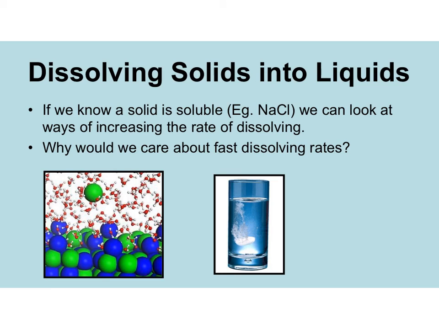And finally, we're just going to end off with a solid dissolving into liquid. So this is the kind of picture I want you to look at as I talk here. What's happening right down here is sodium chloride, okay, is salt. So the blues are sodium and the greens are chloride. And it's an ionic compound, so it's a crystal. So why salt dissolves in water is basically what happens is all these little water molecules, okay?